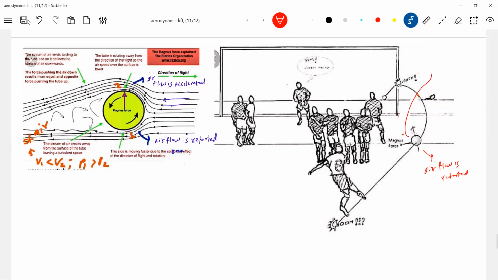Here, the airflow is accelerated. The Magnus force is drawn. Is it visible for you? The weight, buoyancy, and viscous drag will all be acting, but we are interested only in the Magnus force.